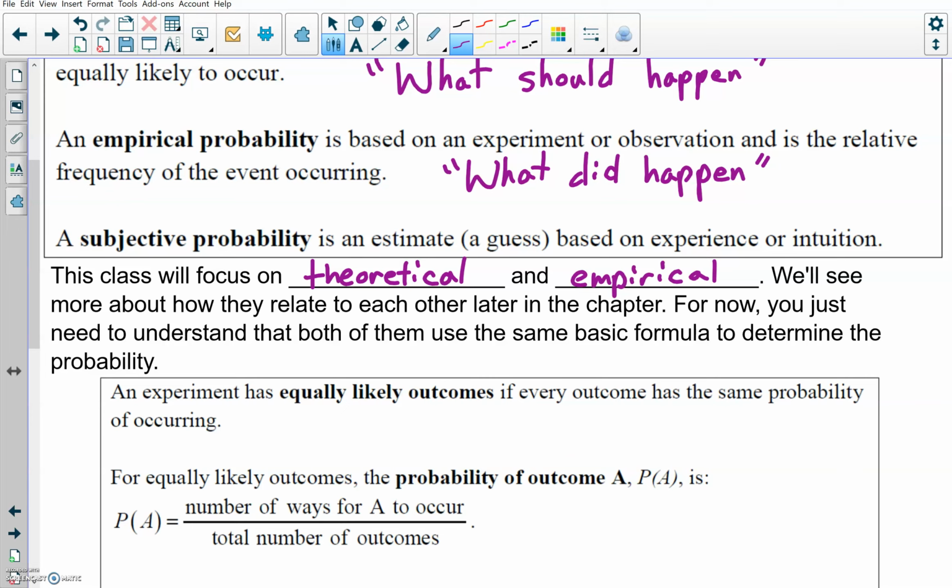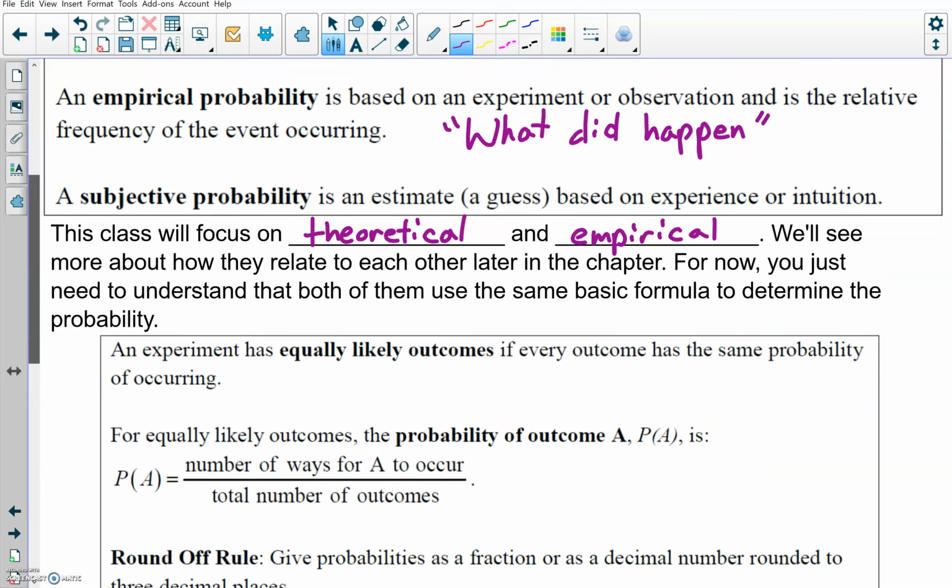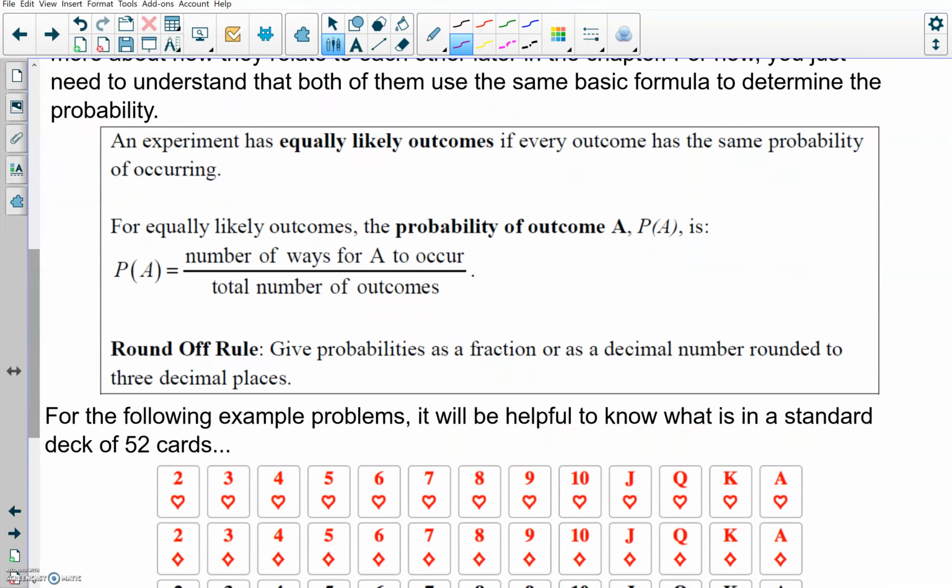We'll see more about how they relate to each other later, as I said. For now, just need to understand that both of them use the same basic formula to determine the probability, i.e. a fraction. So, for what we're looking at here, an experiment has equally likely outcomes. Every outcome has the same probability of occurring.